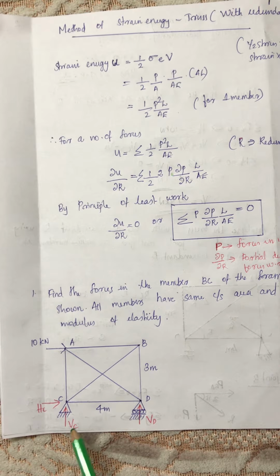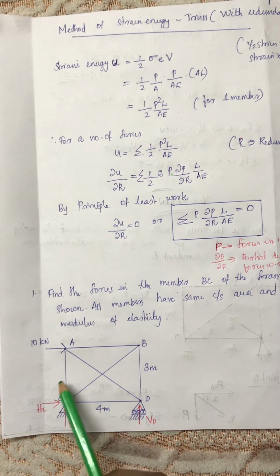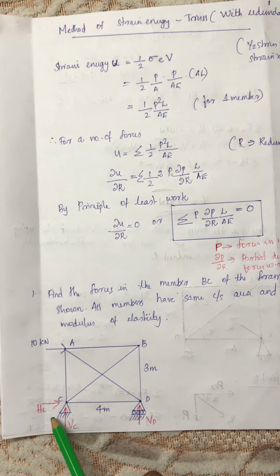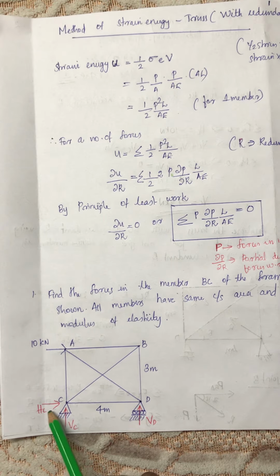For the hinged support we have HC and VC as the reactions, where HC is the horizontal reaction, and here you can see an external horizontal load towards the right of 10 kilonewton. So if I draw HC towards the right, it's equal to minus 10 kilonewton, or else you can draw it to the left, which is equal to positive 10 kilonewton. Then VD is the reaction at joint D.